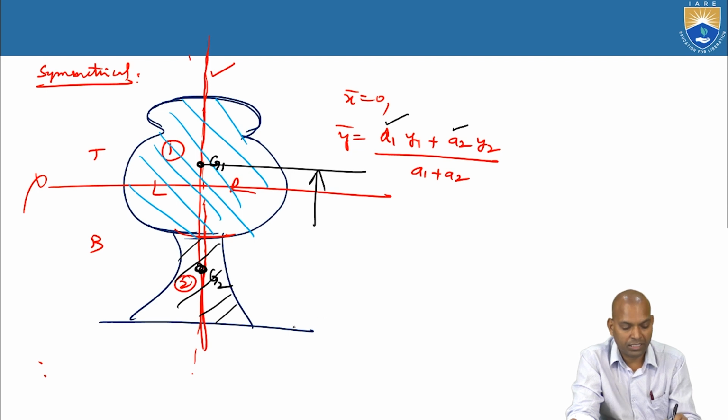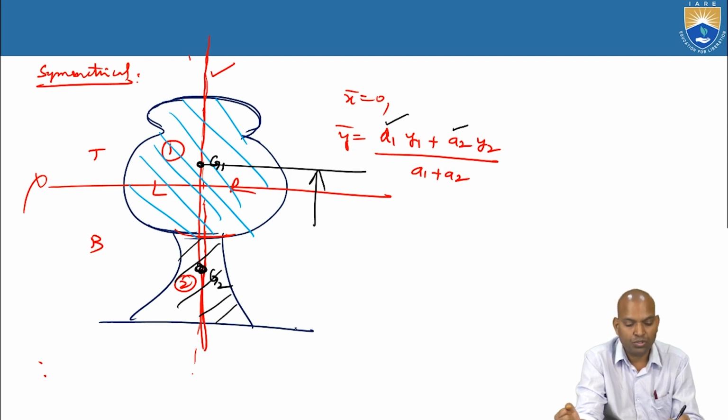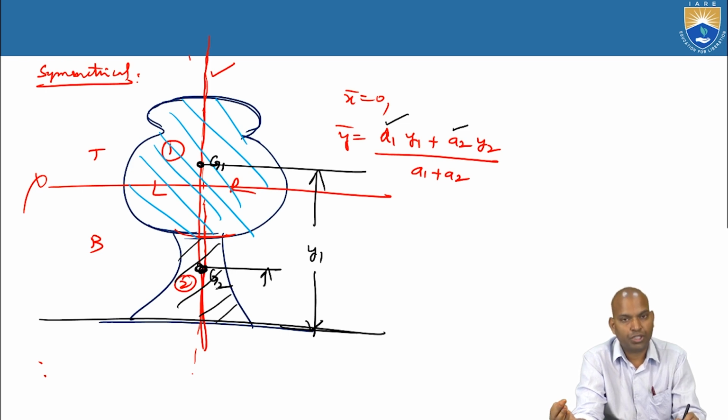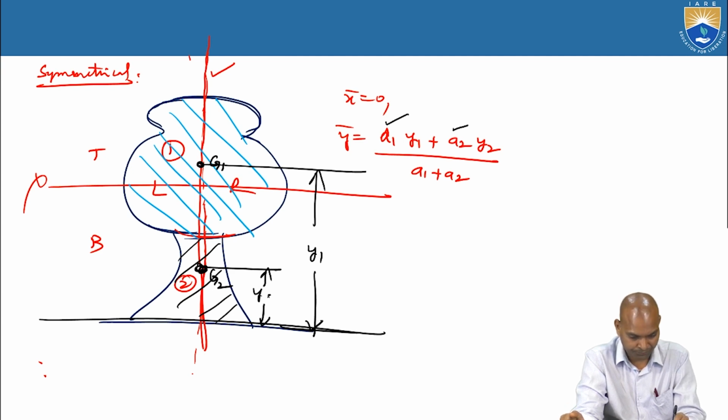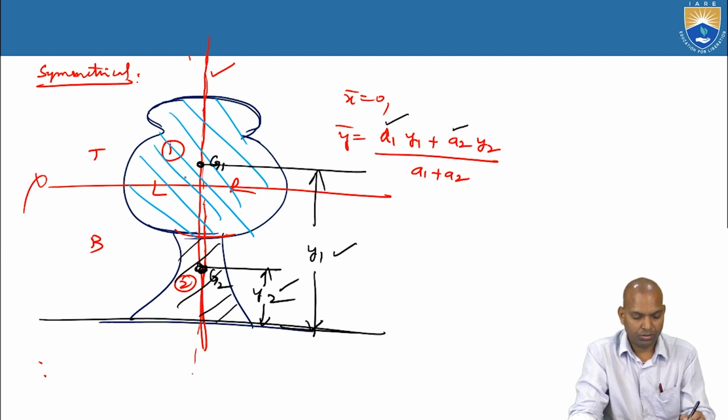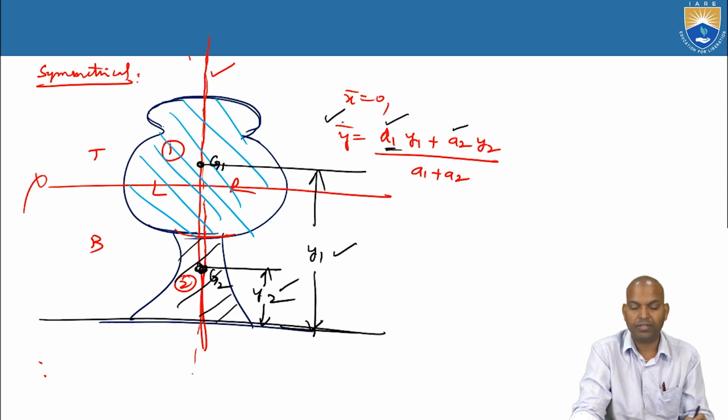What is Y1? The vertical distance from the centroid G1 of the individual section to the horizontal reference axis. This is the reference axis. What about Y2? The distance from the centroid of section 2 to the horizontal axis. Y1, Y2, A1, A2 are known; substitute here and you get bar Y.